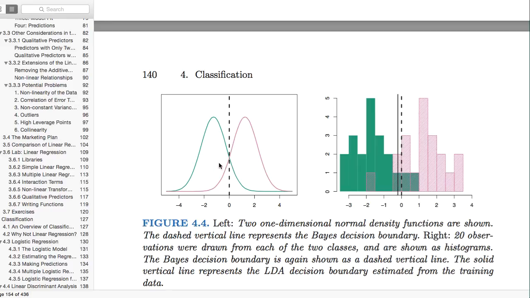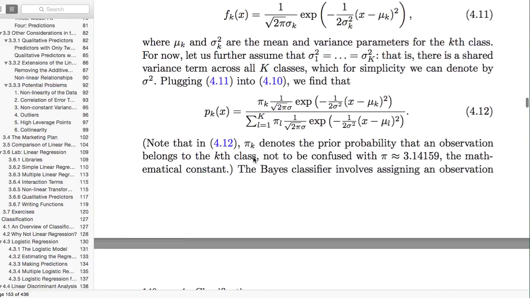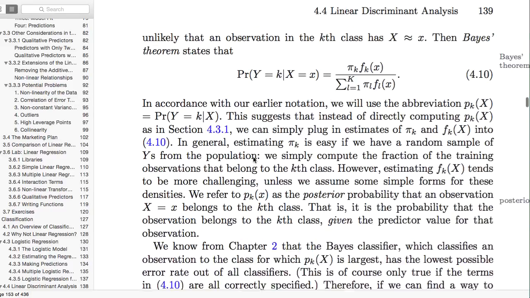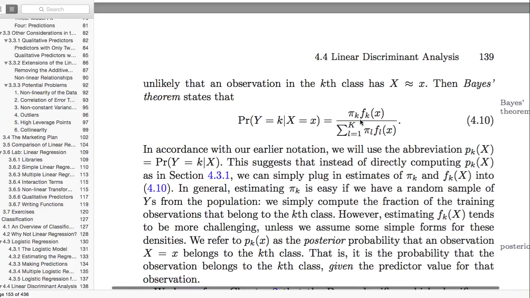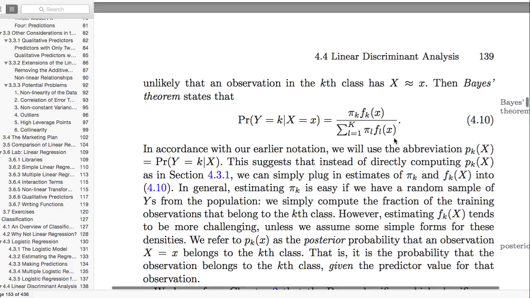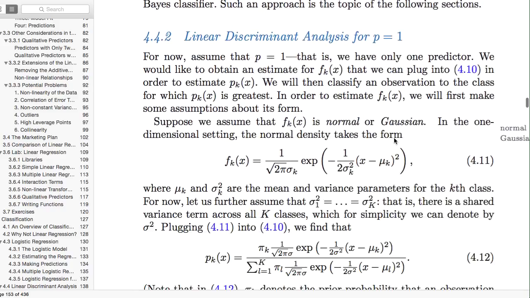So if this assumption holds, let's just revisit this Bayes theorem here. What we said basically is it's hard to figure this out. If we get lucky, if we guess that these two groups are normally distributed, and we're right, then it's very easy and we're in a very good situation.